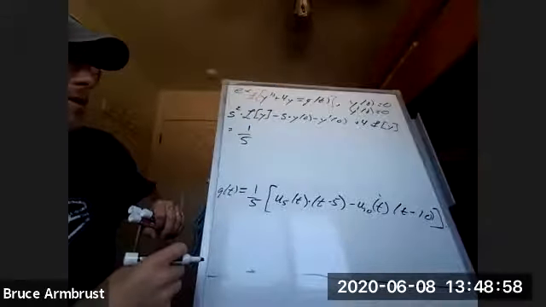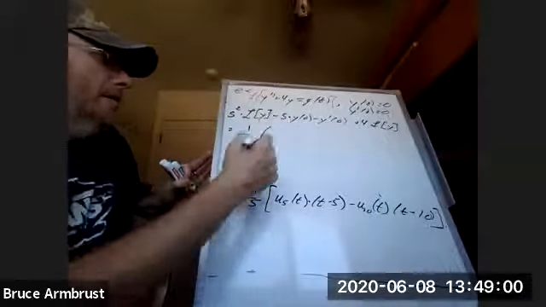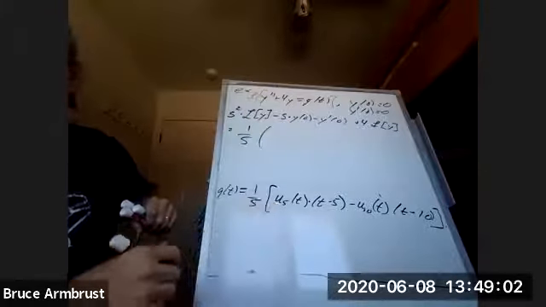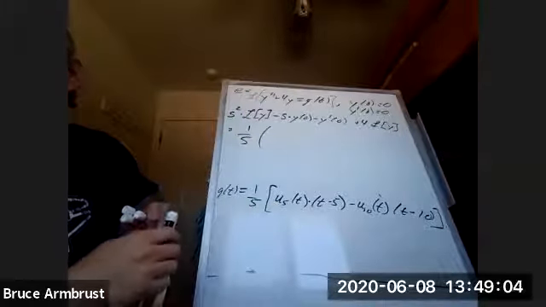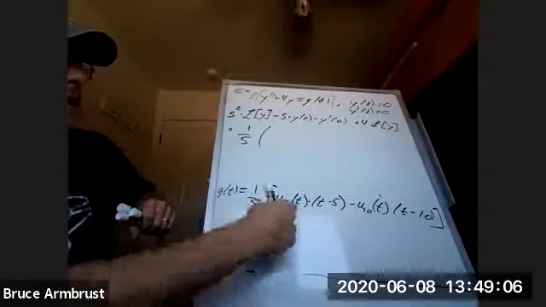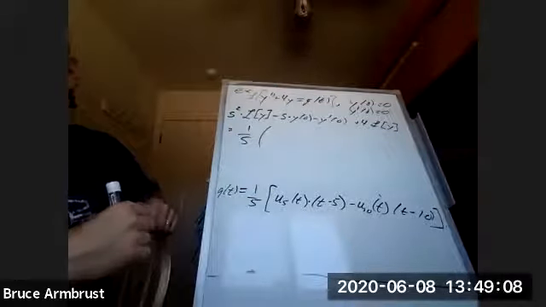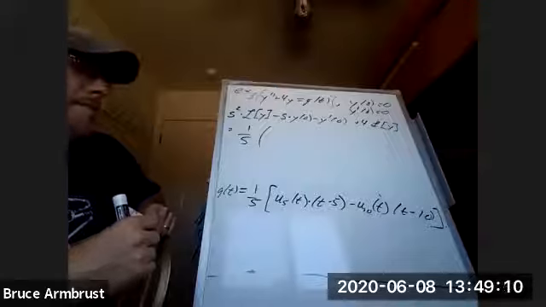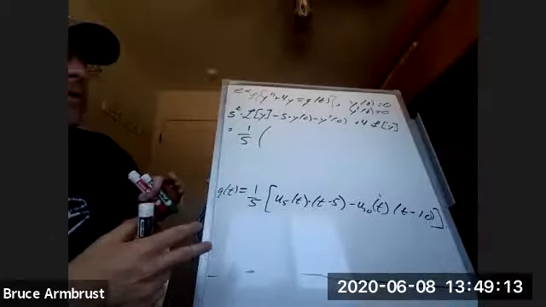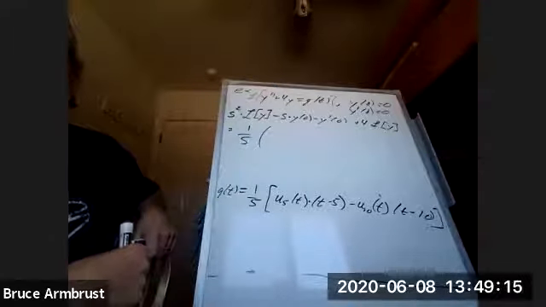It's a multiple. Then we're going to do the Laplace transform of u sub 5 times t minus 5. Now this one is shifted perfectly, right?